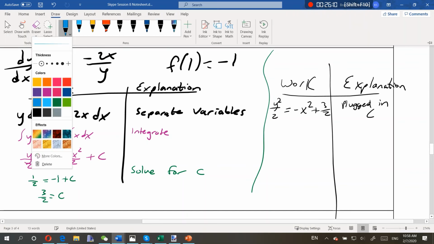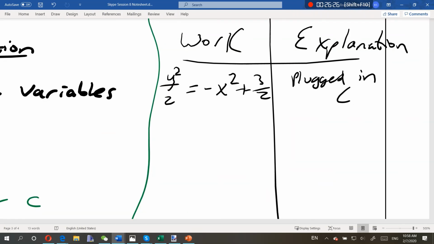So how can I solve for y? Multiply by 2, so y squared equals negative 2x squared plus 3. Okay, last step.